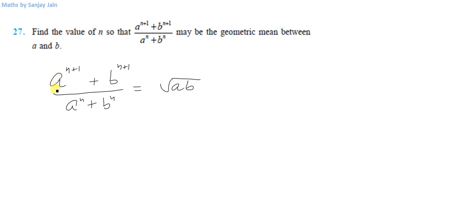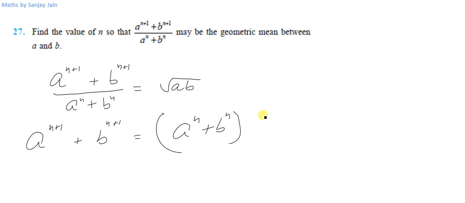So what I can do in this question is I will cross multiply. So this is a raised to power n plus 1 plus b raised to power n plus 1 equals a raised to power n plus b raised to power n into root ab, which is nothing but a raised to power 1 by 2 into b raised to power 1 by 2, if we can write them separately.